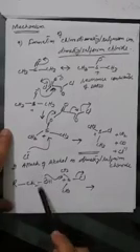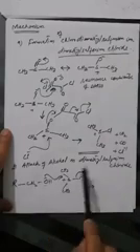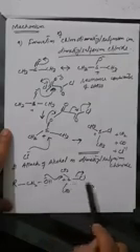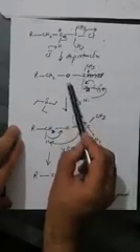In the next step, the alcohol, whether primary or secondary, attacks this species, dimethyl sulfonium chloride, and chloride leaves. When chloride leaves and deprotonation occurs, you get this alkoxy dimethyl sulfonium ion.